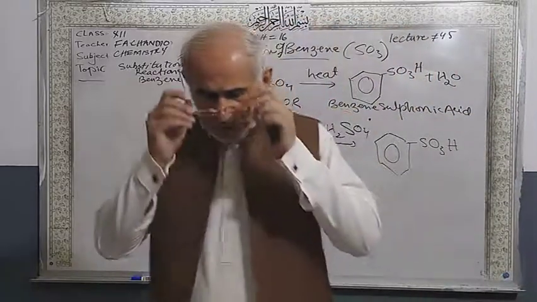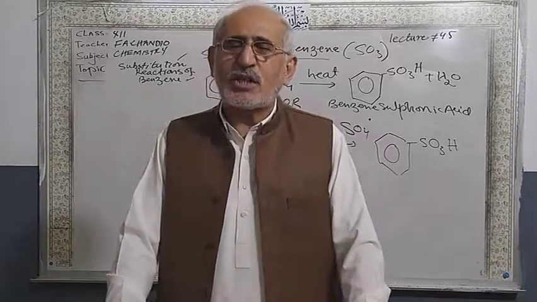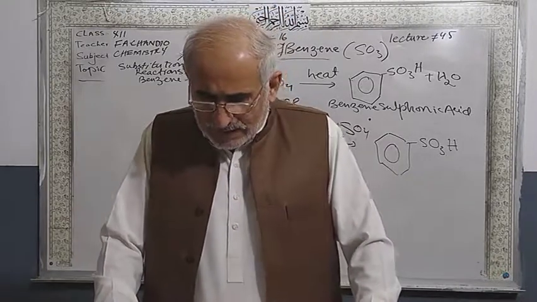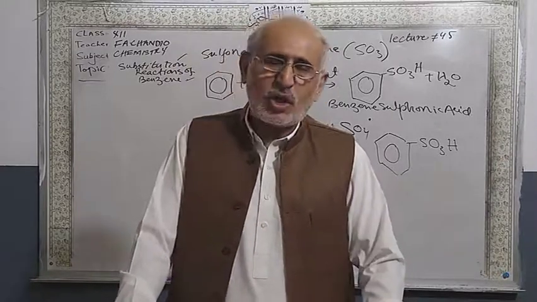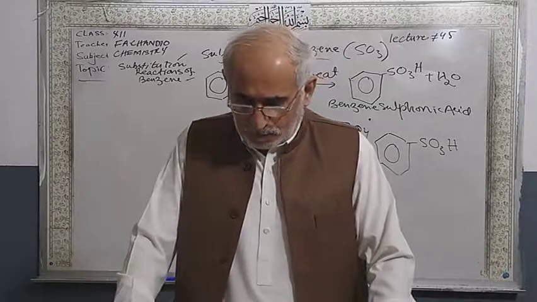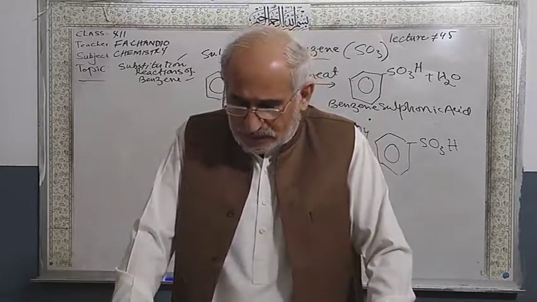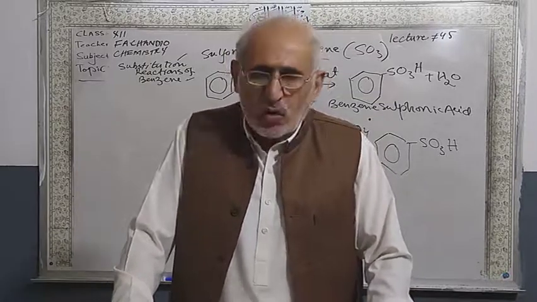So again I am telling you, introducing the sulfonic acid group SO3H by substituting hydrogen from the benzene is called sulfonation. Benzene heated with concentrated sulfuric acid yields benzene sulfonic acid.